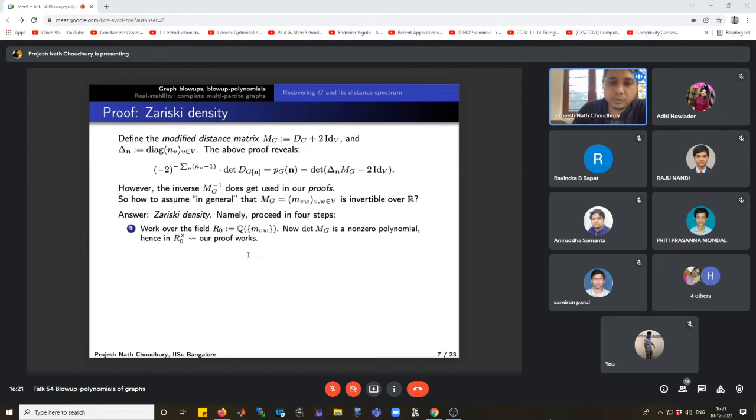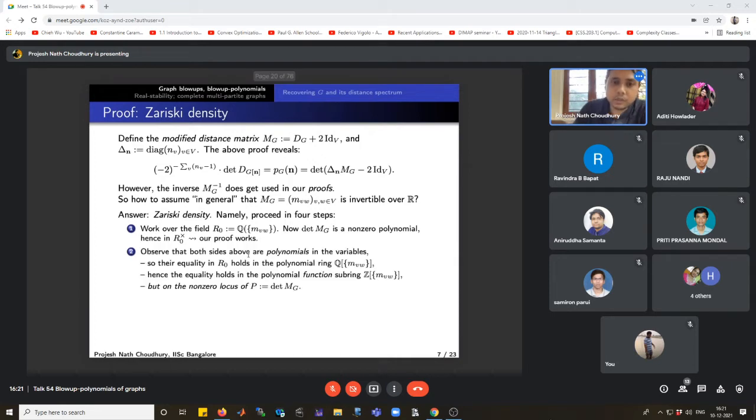Similarly, if we work over a unital commutative ring, the usual topology will be replaced with the Zariski topology, and usual density will be replaced with Zariski density. And here, instead of continuous functions, we have polynomial functions. If two polynomials agree on a Zariski dense set, then they agree everywhere. And the Zariski dense sets are exactly the non-zero locus of a non-zero polynomial.